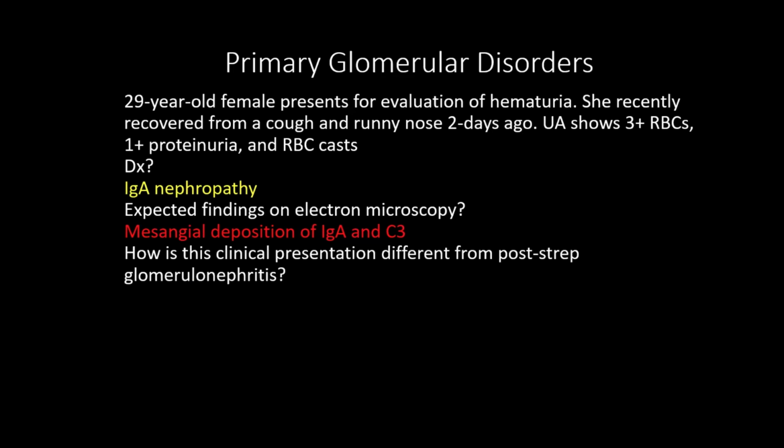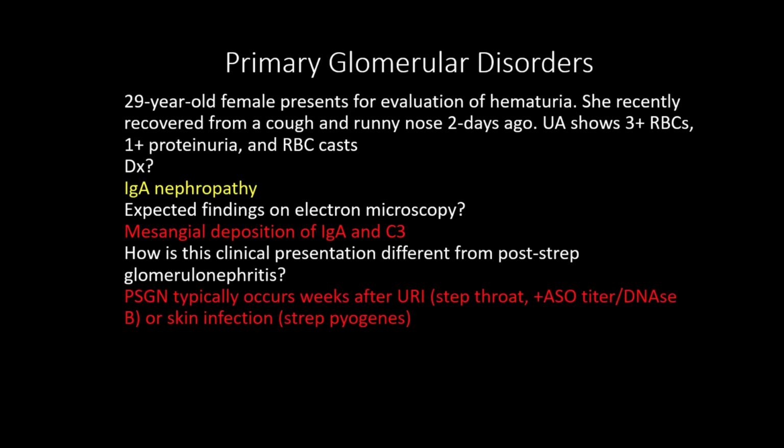The big thing to know is that PSGN obviously is going to occur after strep infections for the most part on exams. So whether that's strep throat, which is usually more of a children's disease, if they give you a positive ASO or DNase B titer, or if you have a strep pyogenes skin infection, like impetigo on top of an atopic dermatitis, that can push that.